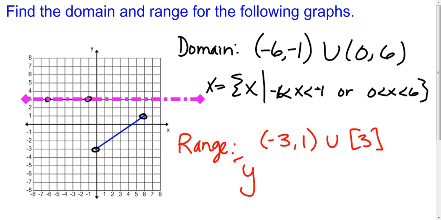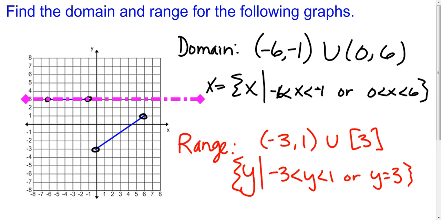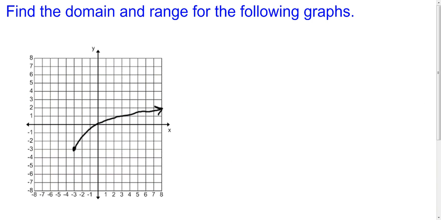And in set notation, set of all y such that y is between -3 and 1, or it equals 3. Okay? So that's how that rolls.